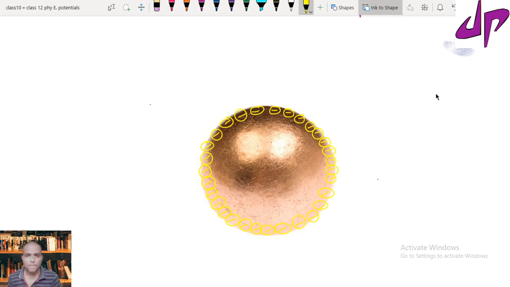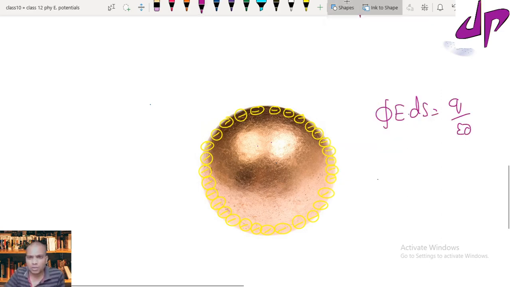Now, how can I confirm that there is no charge present inside? The one and only law that helps us is Gauss's law. According to Gauss's law, the closed integral of E dot dS equals q by epsilon naught.